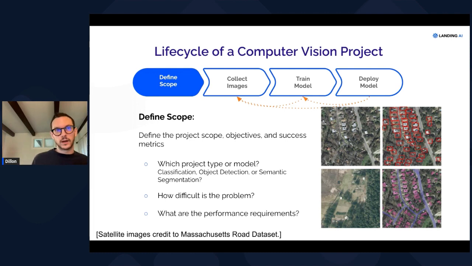Or is this something where maybe you can get away with 70, 80% accuracy or F1? All these factors are going to determine how easy this project is going to be and what the scope and length of the project might be. And I'll go over all these in detail here.